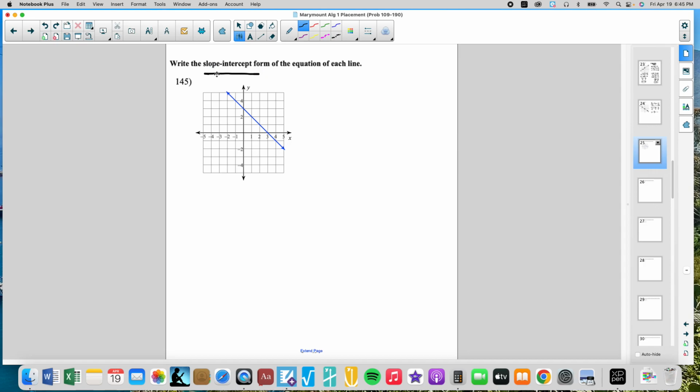Now we have to write the slope-intercept form. So I have to find the slope and the y-intercept. This is my y-intercept. I'm going to find another point, and I'm going to see what is my slope. So my y-intercept is very easy to see. That is 3. And then my slope, how much do I rise and run to get to those points?